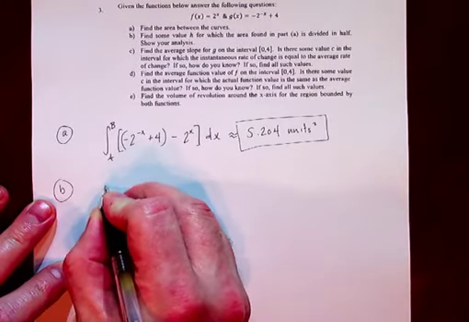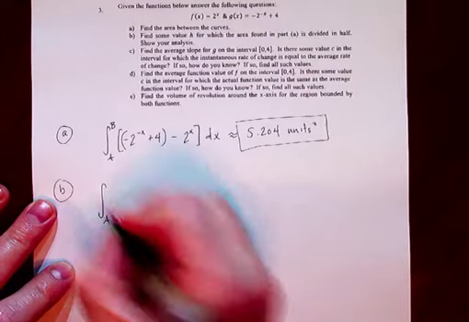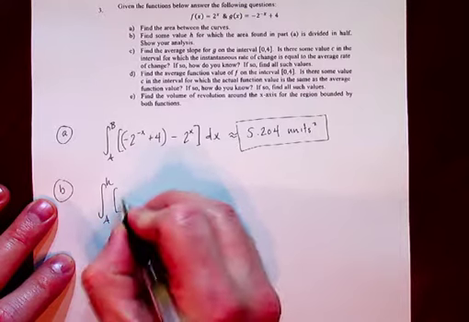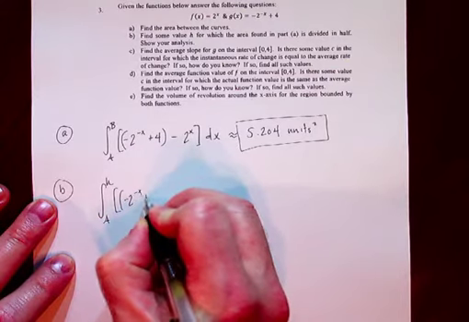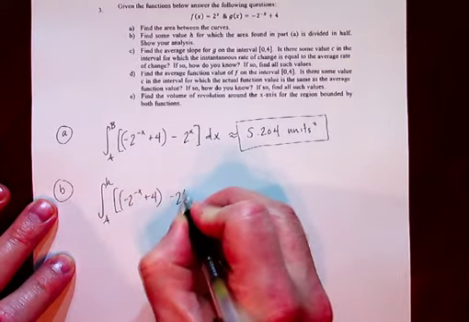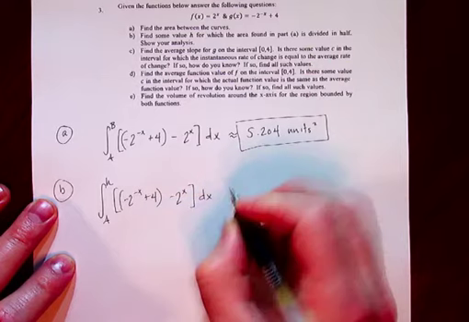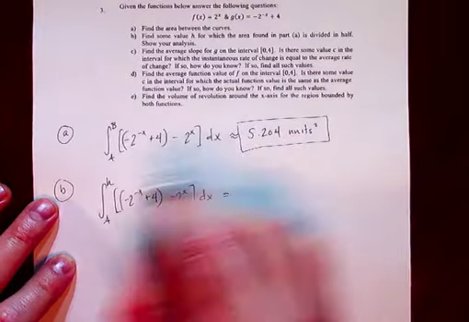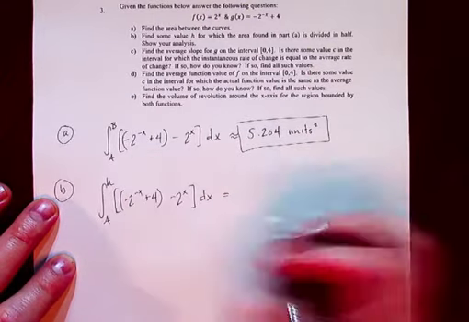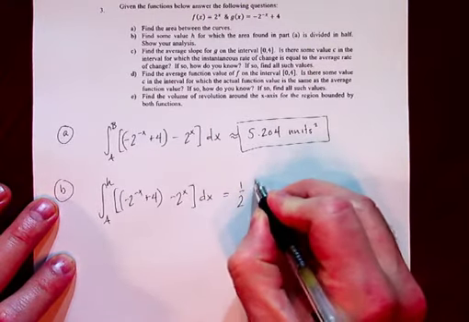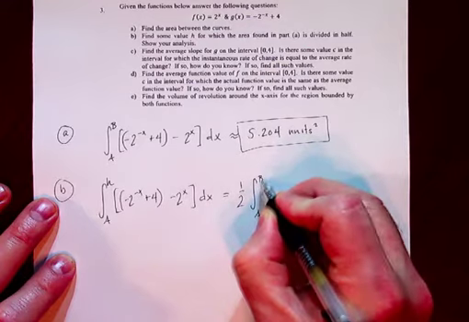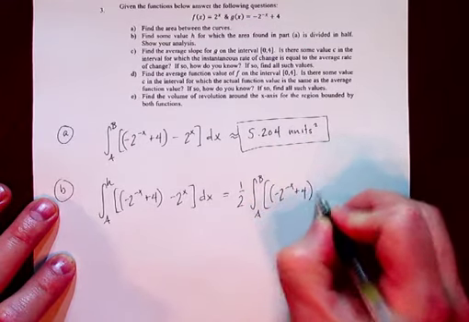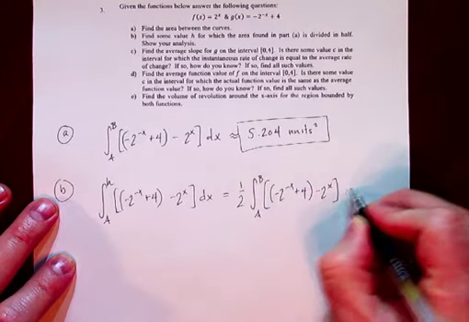So basically, I want a to some value of h for that same integrand, and I need it to be equal to half of this. So I need it to be equal to half of the integral from a to b of negative 2 to the x plus 4 minus 2 to the x dx.